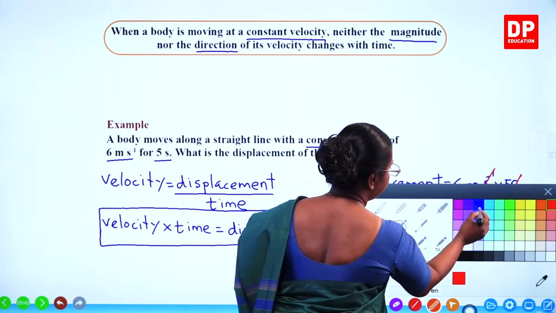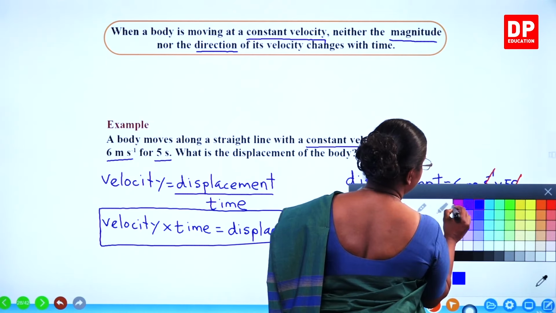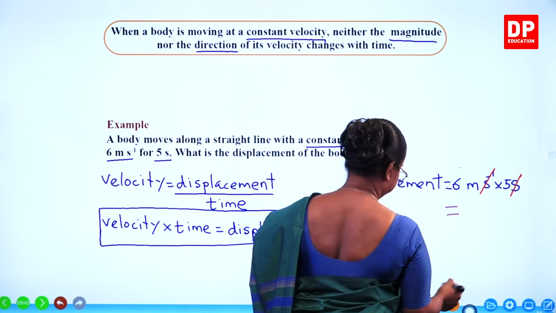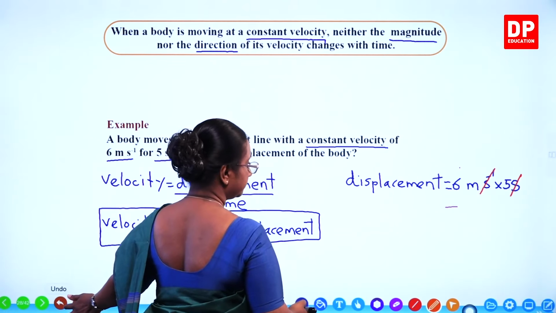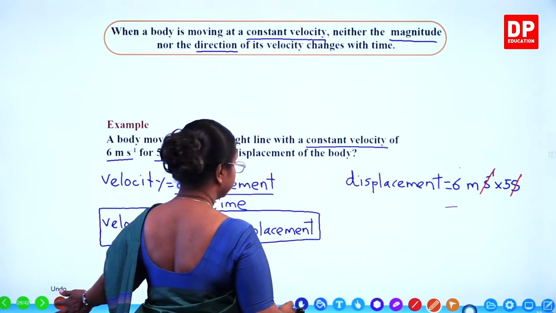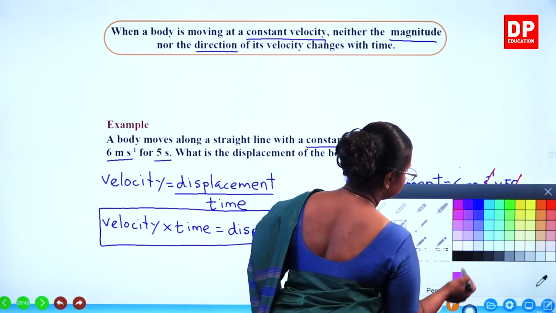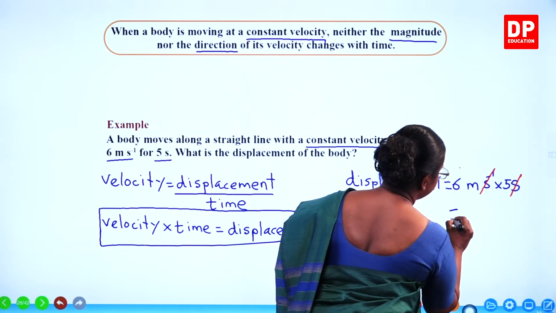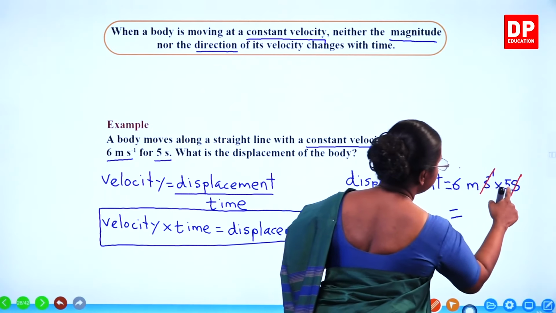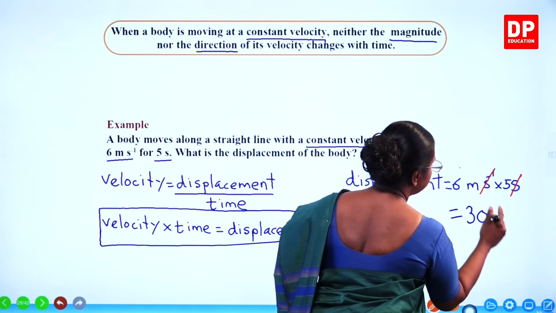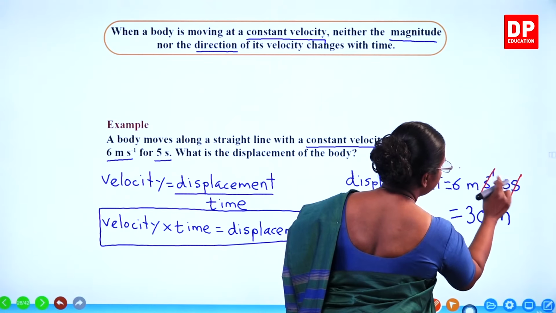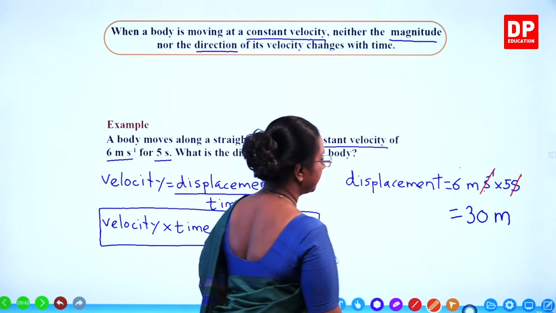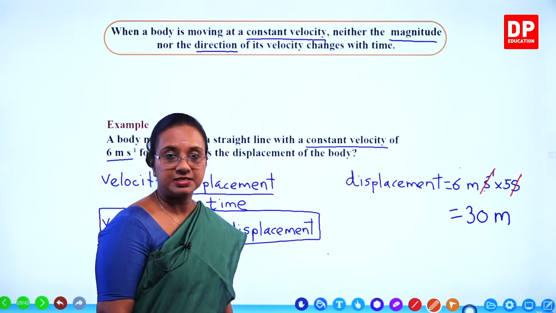So when we calculate 6 into 5, 30, the meter unit is there, second minus 1 and second got cancelled off. So the value of displacement will be 30 meters.